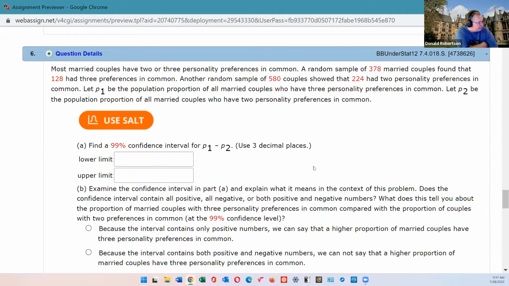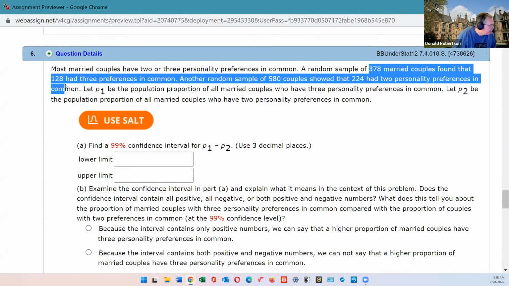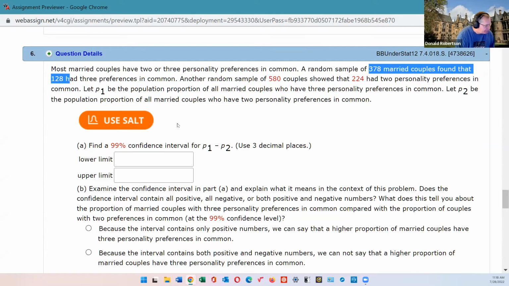Okay, for our last question, most married couples have 2 or 3 personality differences in common, right? So it could be your sense of humor, or do you like traveling, or whatever it might be. So a random sample of 378 married couples found that 128 had 3 preferences in color. So the first group are those who had 3 preferences, 128 out of 378.